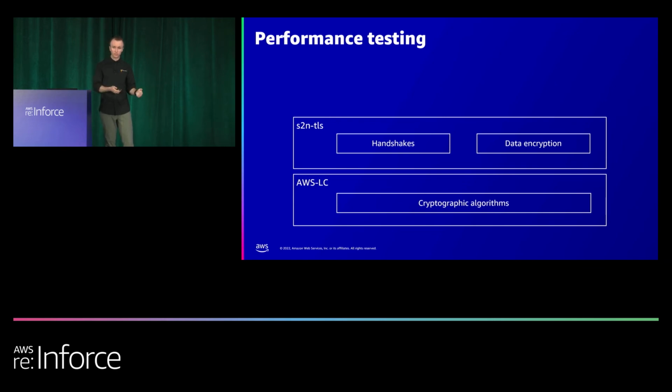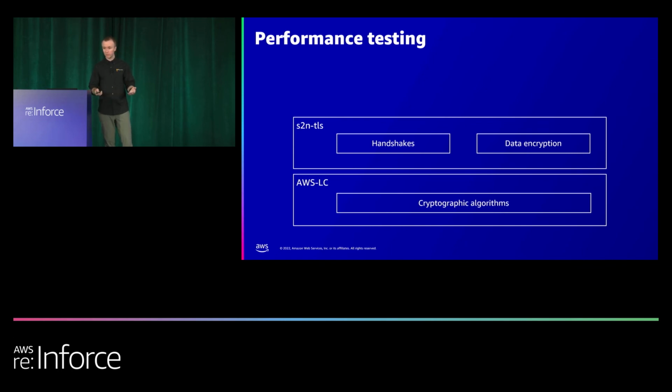For some AWS services, you might be transferring large amounts of data, and a small little TLS handshake is an insignificant amount of that performance. So for that, we looked at the data encryption. This is the actual bulk encryption of the messages you're sending back and forth to AWS. And this is where benchmarking AES-GCM was important. But still, this is not the complete picture.